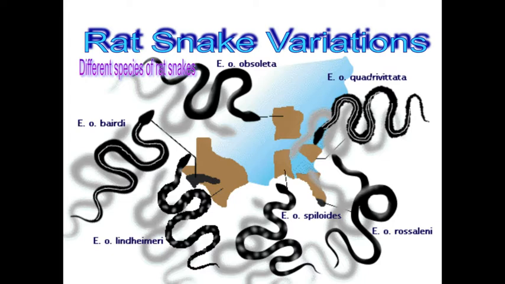You'll notice it has E.O. at the beginning, so that's Elaphe obsoleta, and then it has a subspecies name after that, so that's a variety of the snake. Most likely over time, as those populations continue not to cross over and breed with each other, it might lead to a new species.